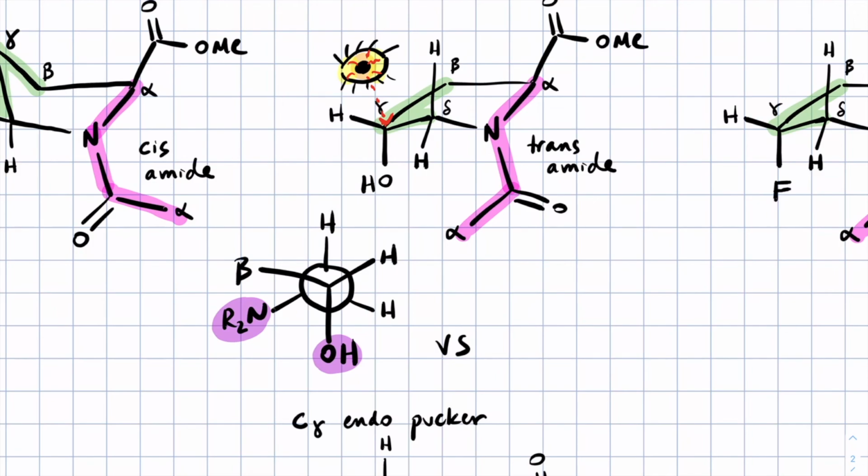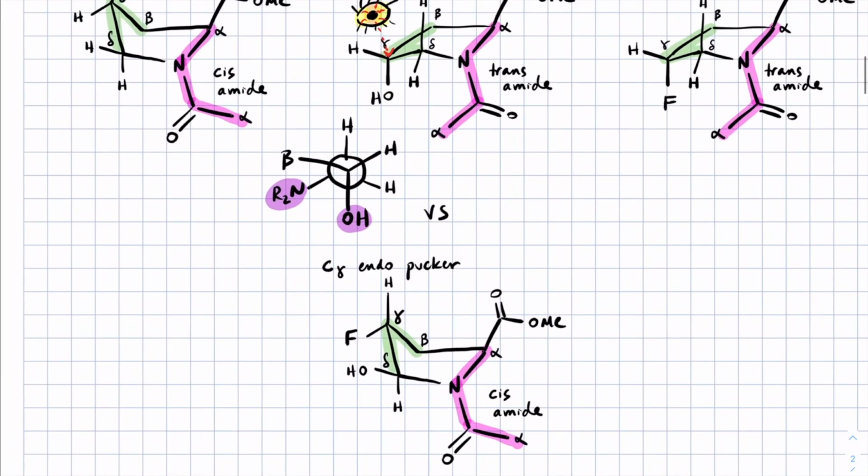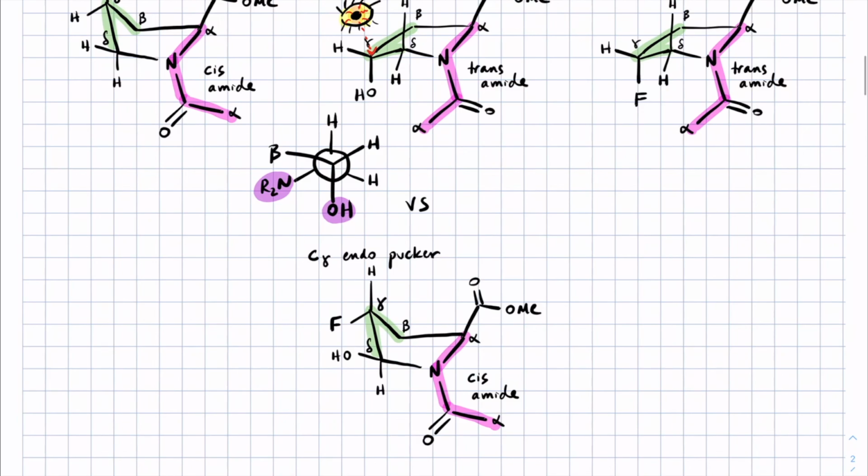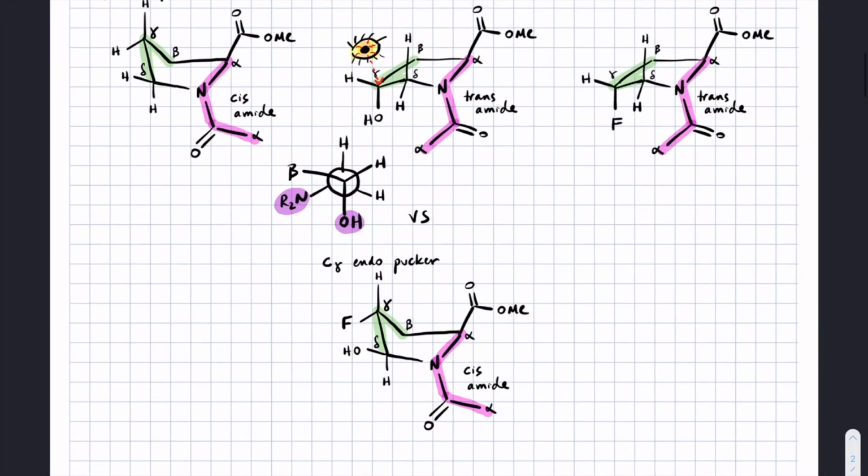It has to be. It's a ring, right? But that's not the only option. If we look at the C-gamma endo pucker, where the OH group is not in a sort of down axial, but is in a down pseudo-equatorial conformation.